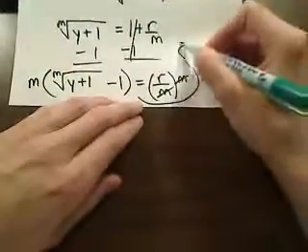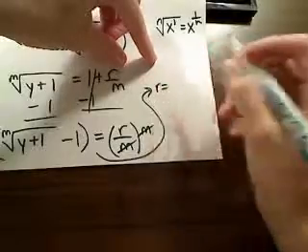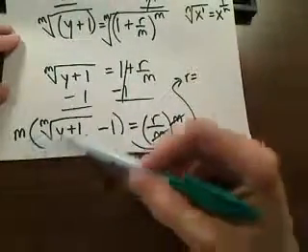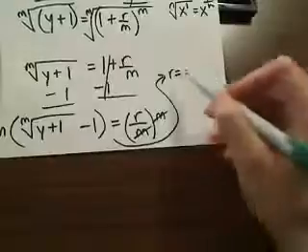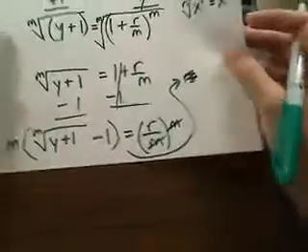And we're going to get r is equal to, and I'm going to go ahead and actually distribute that m through, so I don't have enough room to write that there.